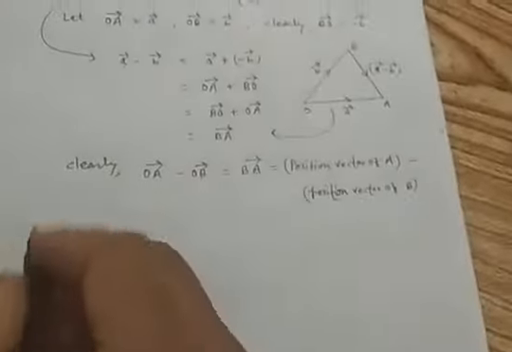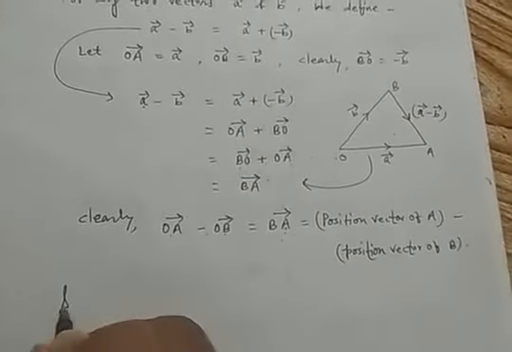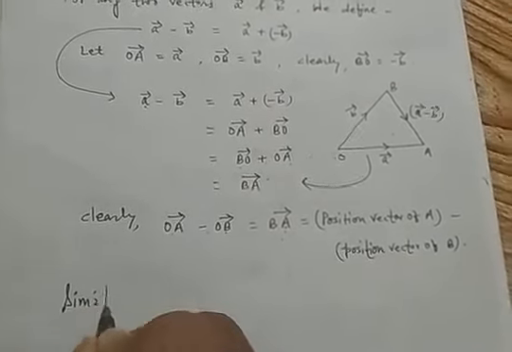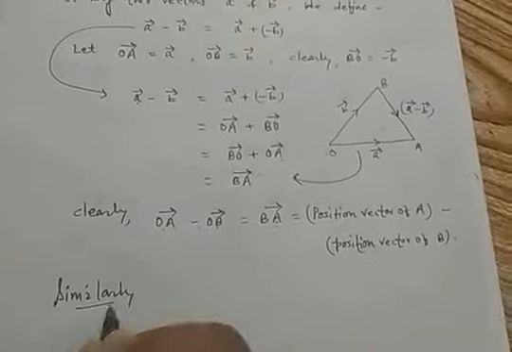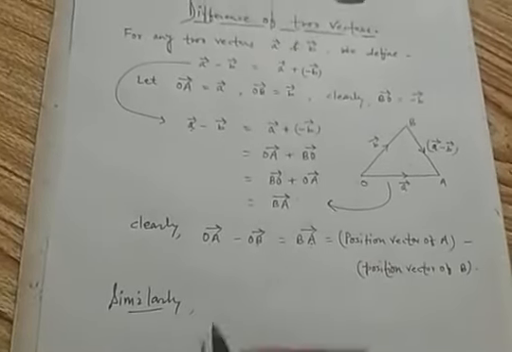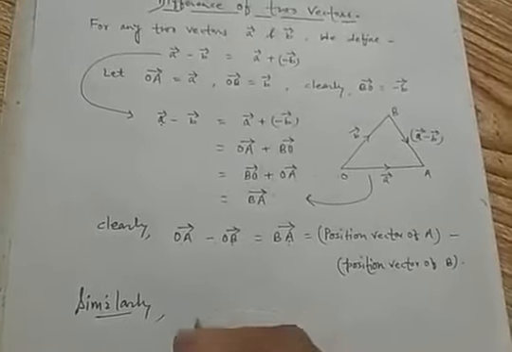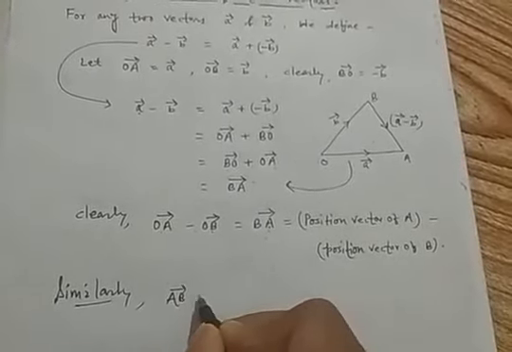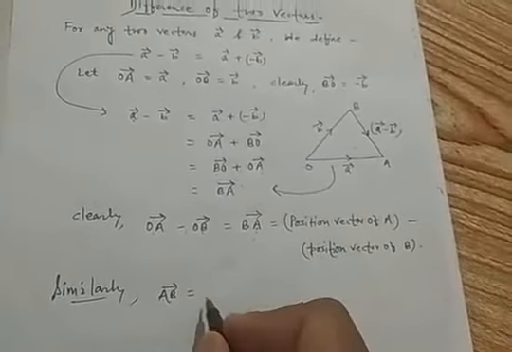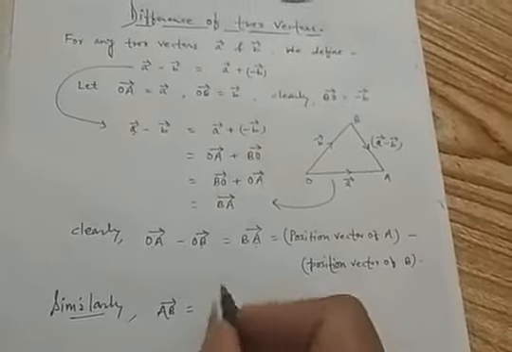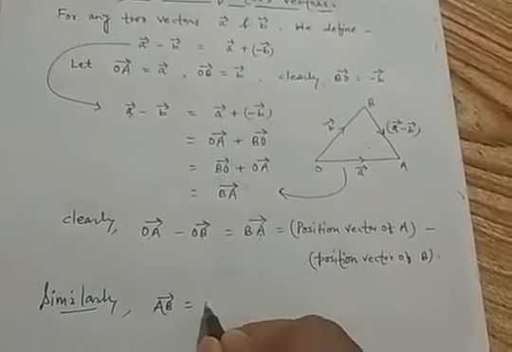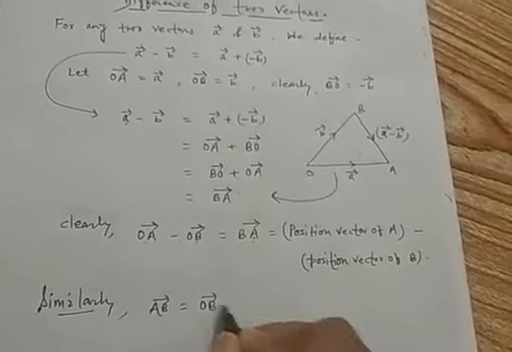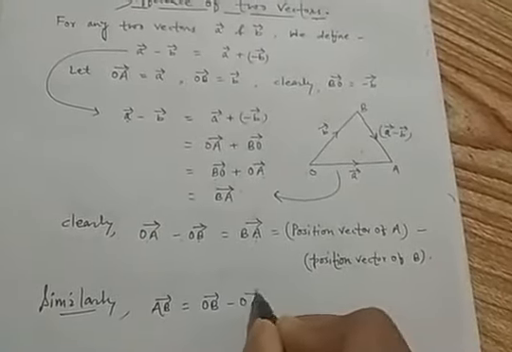Okay, students. Similarly, the vector AB is equal to vector OB minus OA.